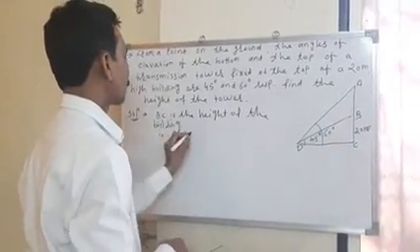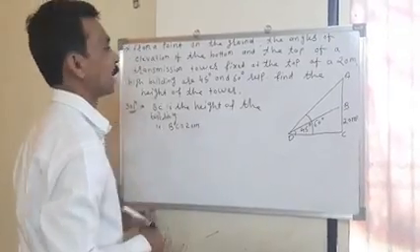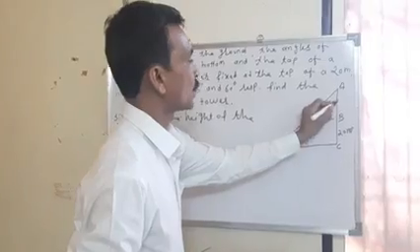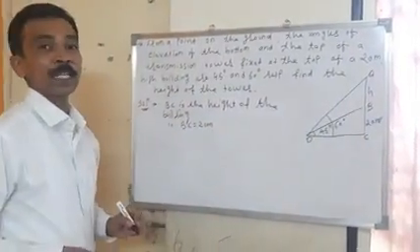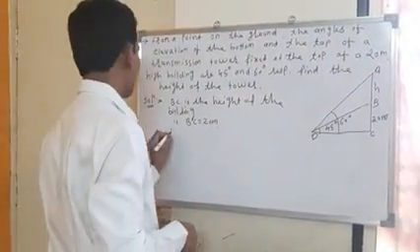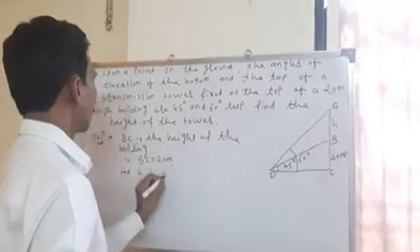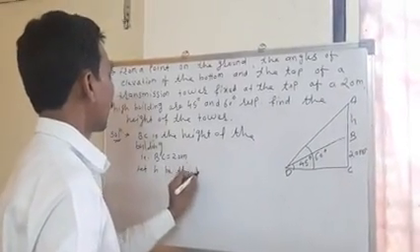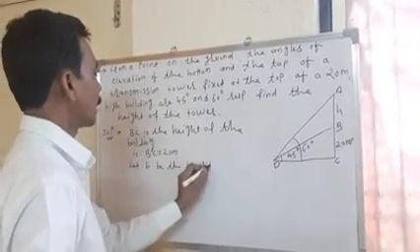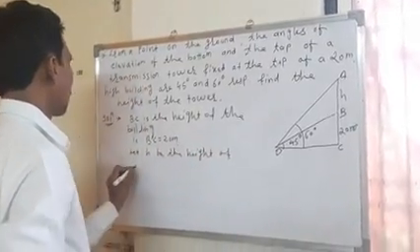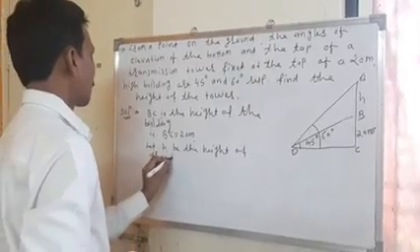BC is equal to 20 meter. AB is what? The height of the transmission tower. I will write here: let H be the height of the transmission tower.